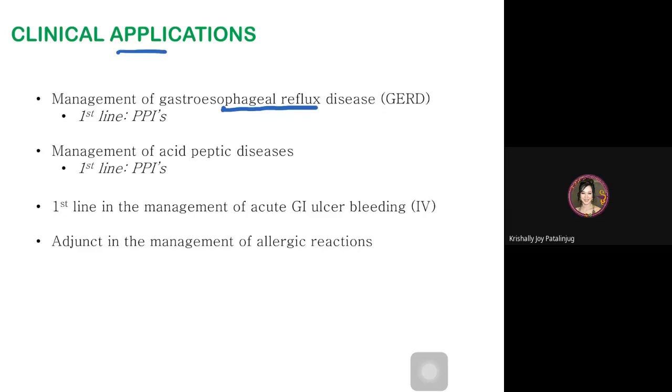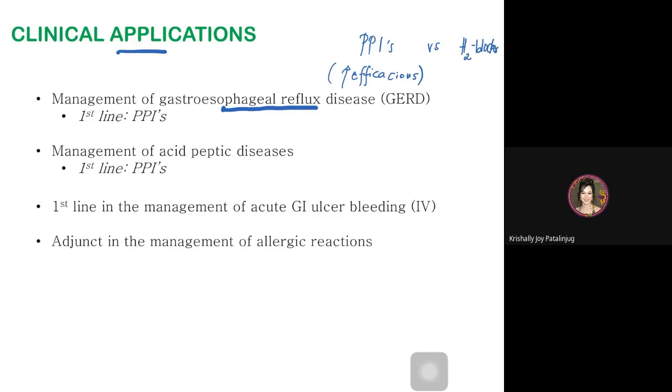Between PPIs versus H2 blocker, much more powerful, much more efficacious ang PPIs, knowing that PPIs is able to inhibit not just histamine, but also acetylcholine and gastrin.